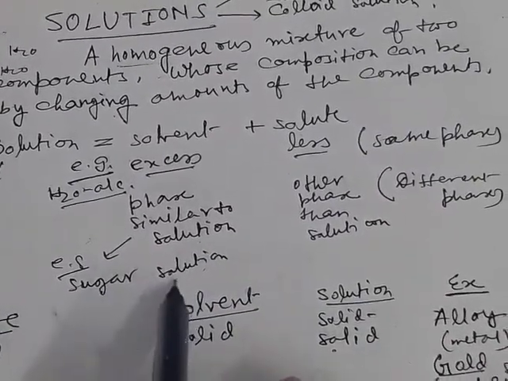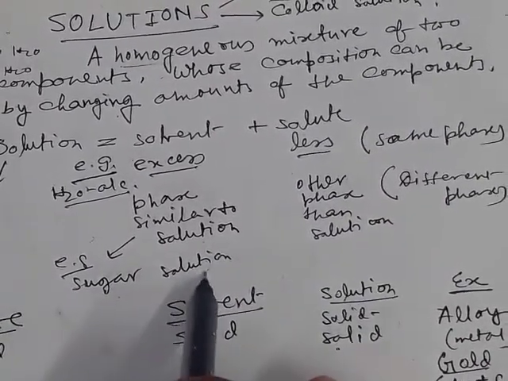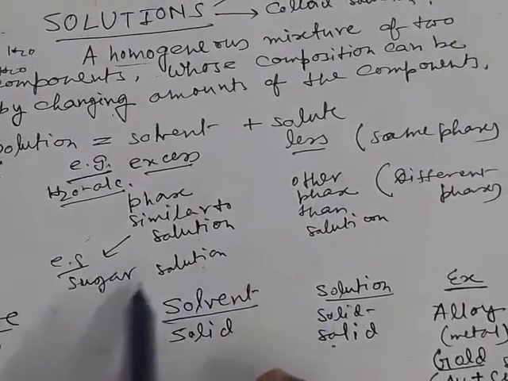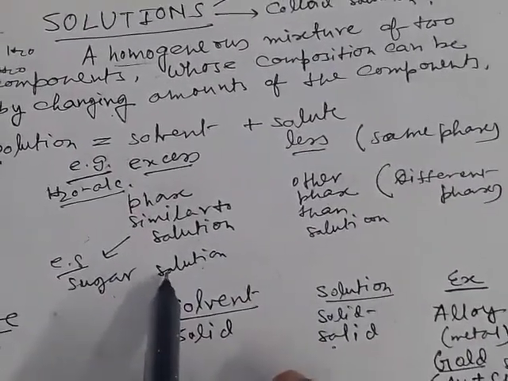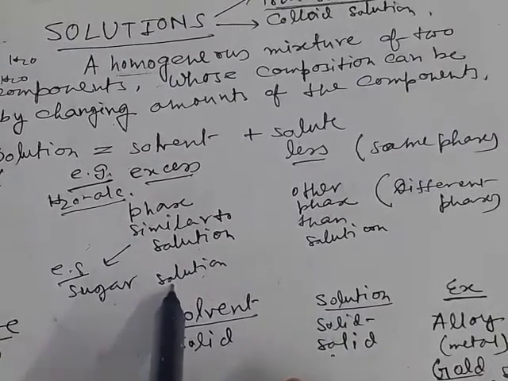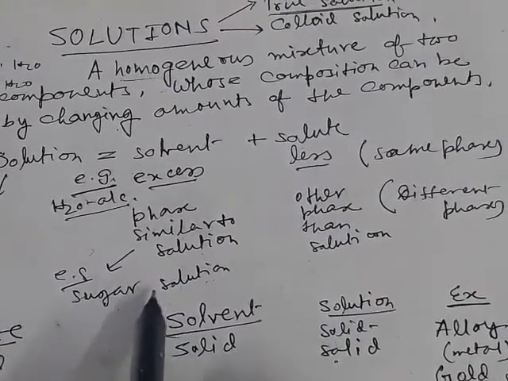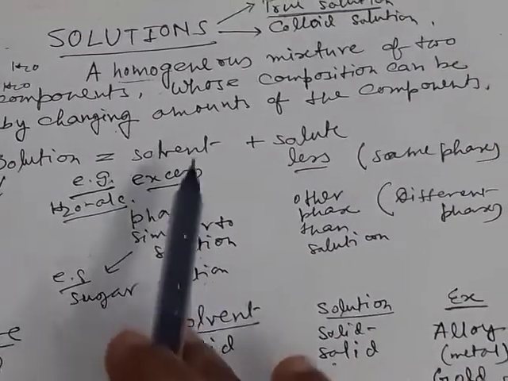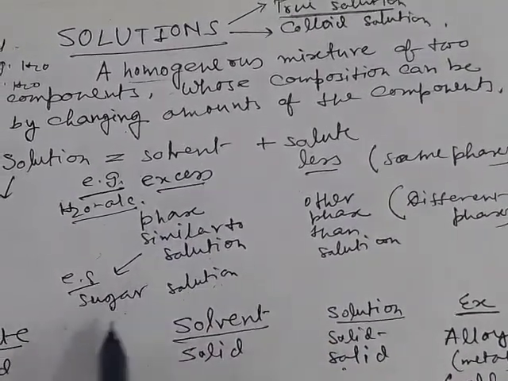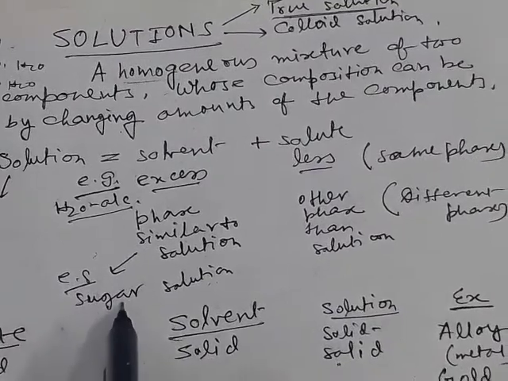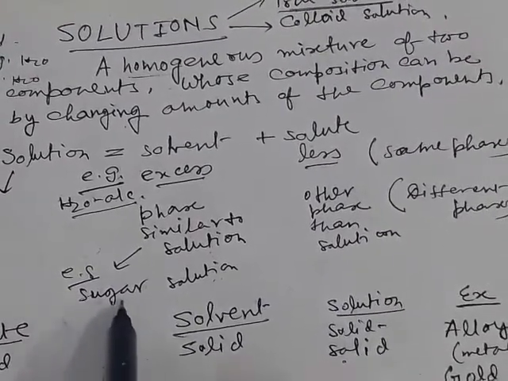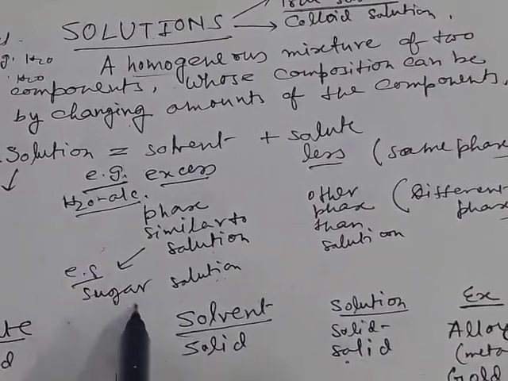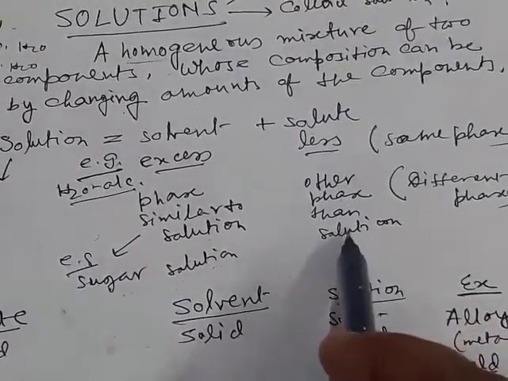Sugar is dissolved in water, then an aqueous solution of sugar is formed. Here the phase of the solution is liquid, and the water component also has the liquid phase. So water is taken as solvent, and sugar is in solid phase, so the phase of the solution is different from the phase of sugar, so sugar is taken as solute.